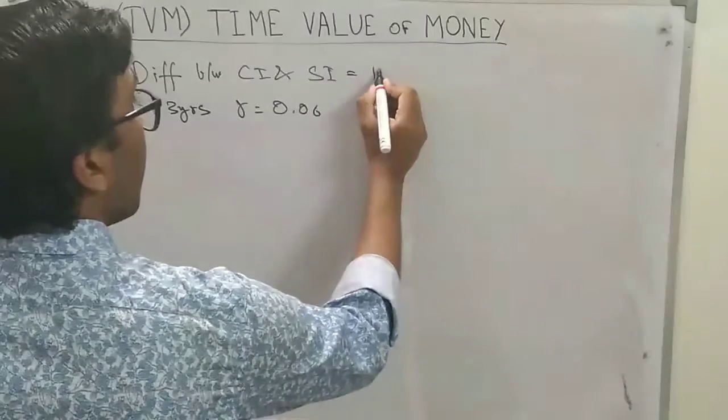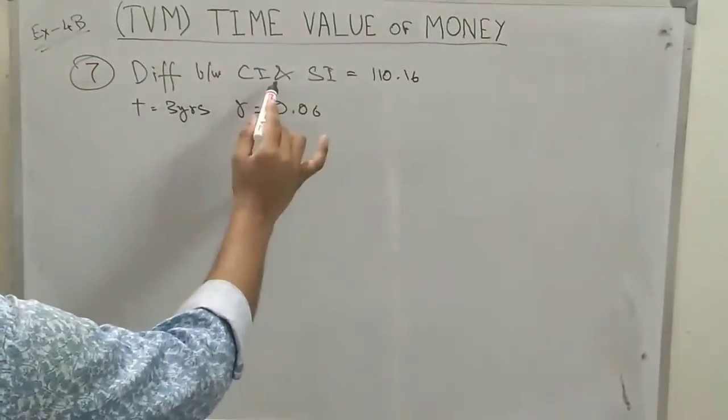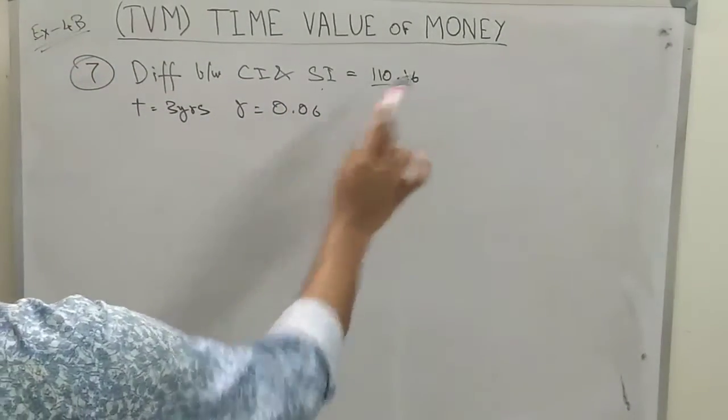The difference between compound interest and simple interest is given as 110.16.